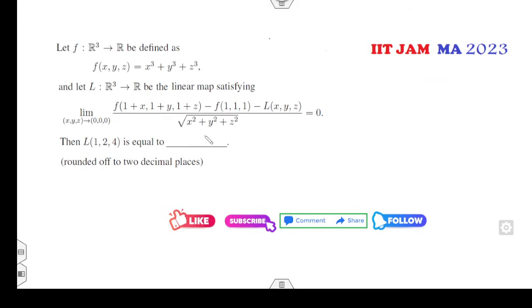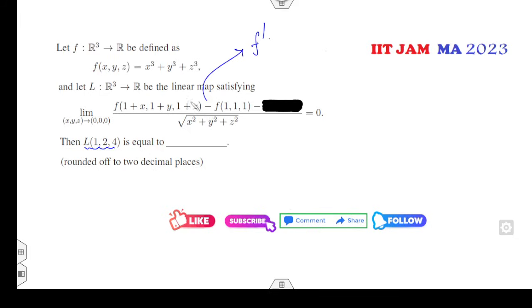Okay, if you look at this statement, what comes to your mind on seeing it? Your target is to find the value of L. Just initially forget about this L. So what do you have here? What is it? It looks like a derivative.